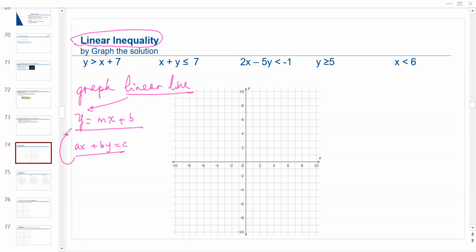Standard format can be transformed back to the slope-y-intercept format, unless in some special situations called a vertical line and a horizontal line, right? So we can graph any one of these. You know the slope, you know the y-intercept, you can graph any one of them.